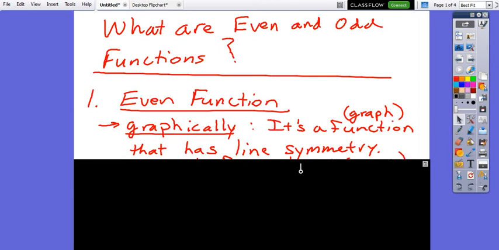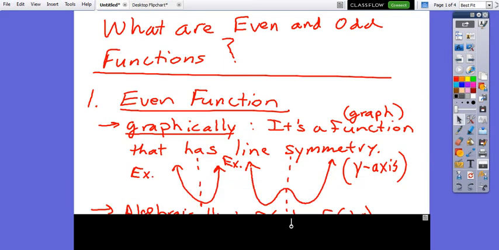When I say line symmetry, I'm talking about a vertical line that will cut that graph in half. The only vertical line that gives us the line symmetry is the y-axis. Any other vertical line doesn't work. Only the y-axis.